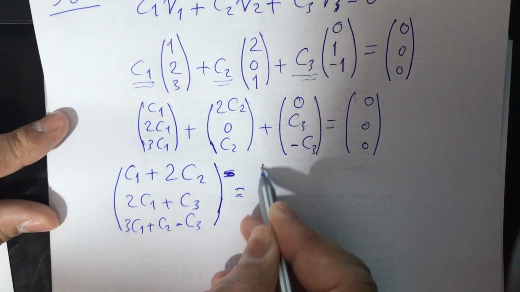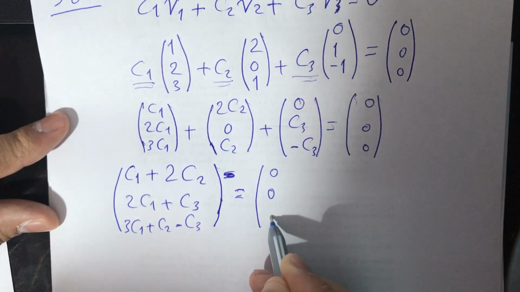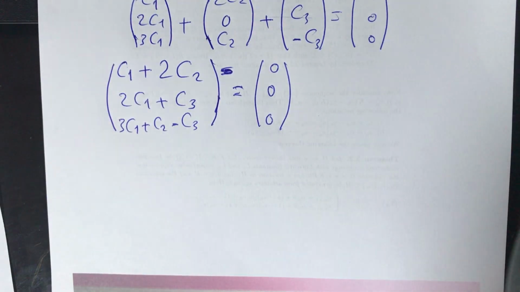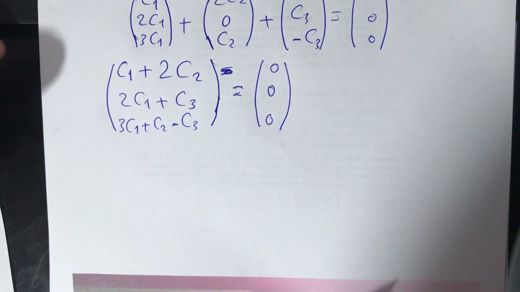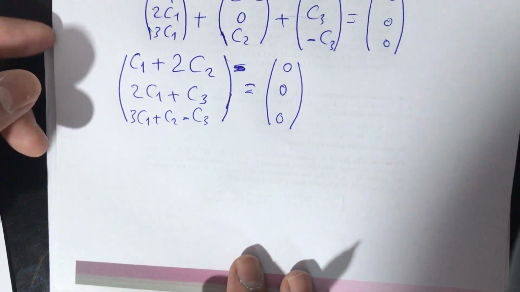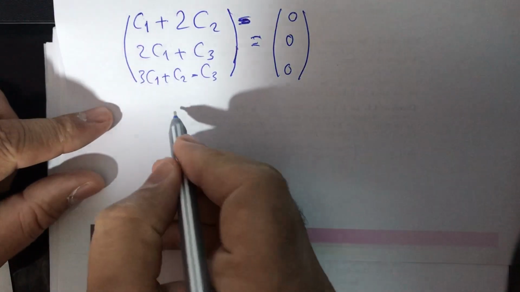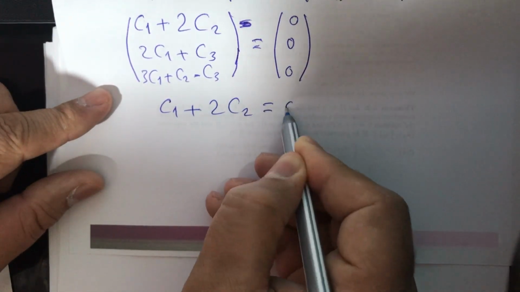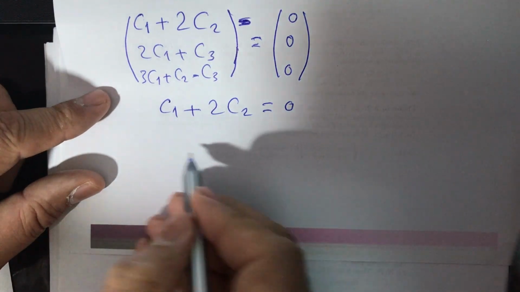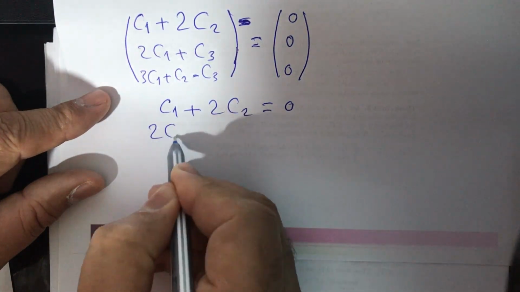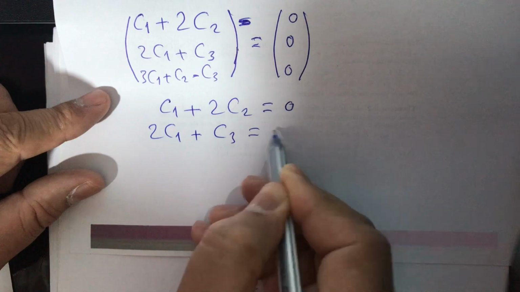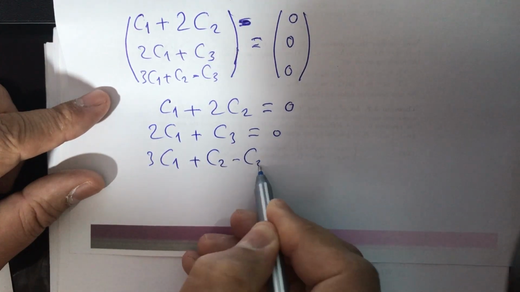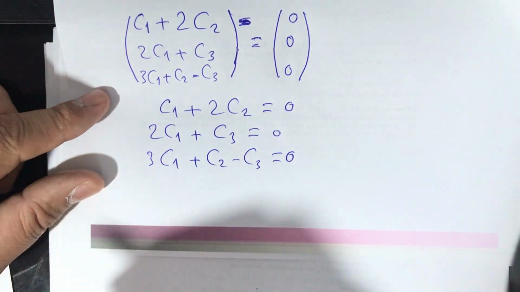This will be equal to (0, 0, 0), and now we can move it to equations. These equations will be C1 plus 2C2 equal to 0, and 2C1 plus C3 equal to 0, and 3C1 plus C2 minus C3 equal to 0.